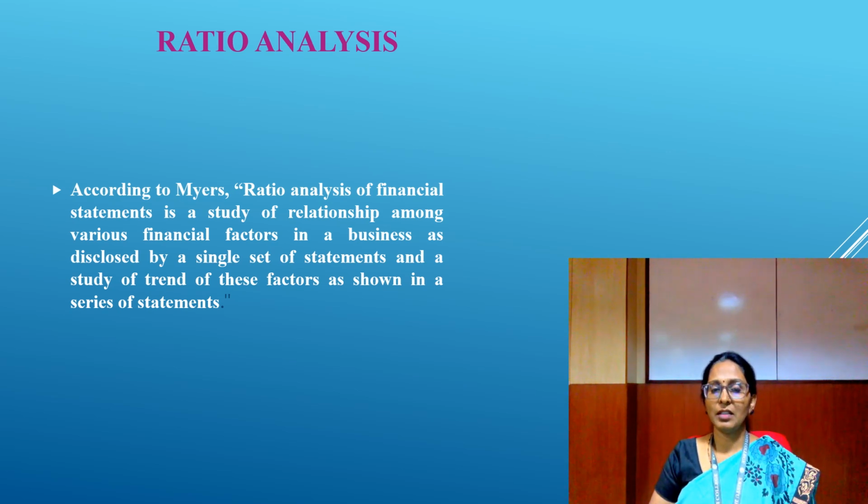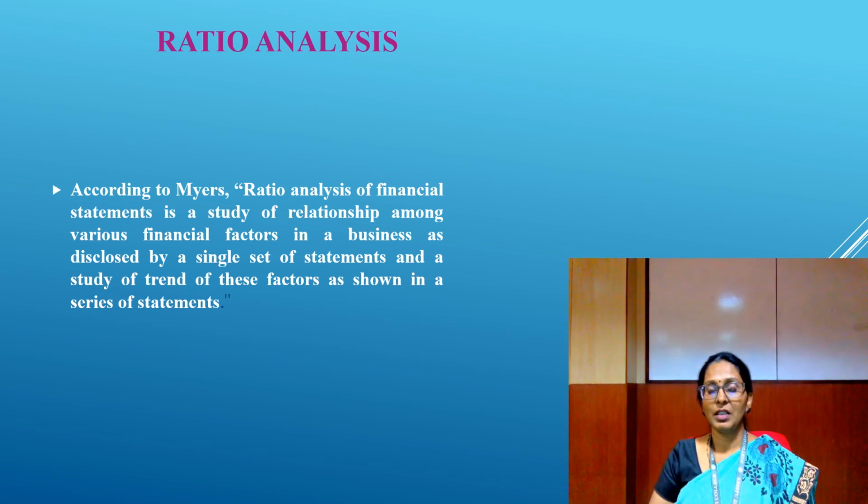Ratio is nothing but a mathematical expression of numbers. In a ratio, we compare one figure with another relevant figure, or one item of our financial statement with another item of our financial statement.